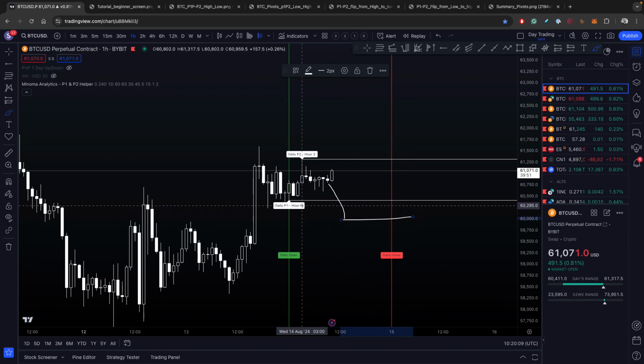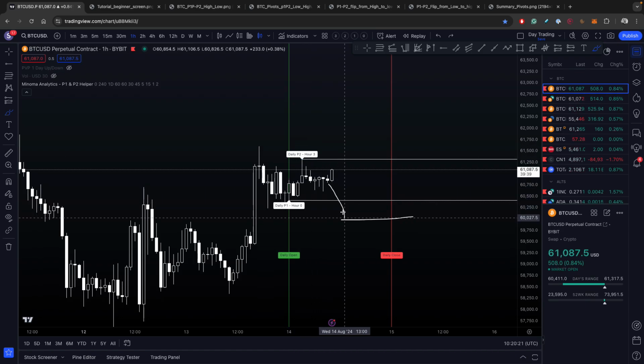But something happens then, right? What happens is that this is no longer a P2, because this is now the first pivot of the day. So if we take out P1, P2 is no longer P2 but P1. It is still the highest point of the day, that didn't change.